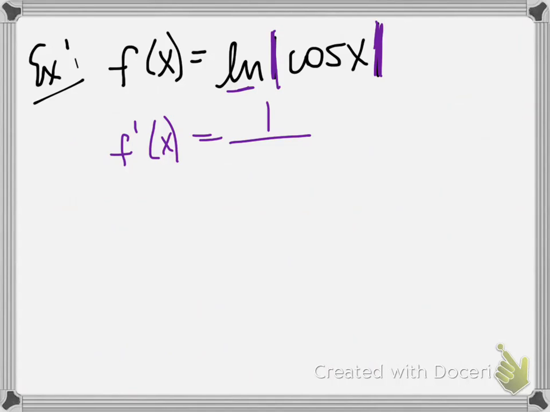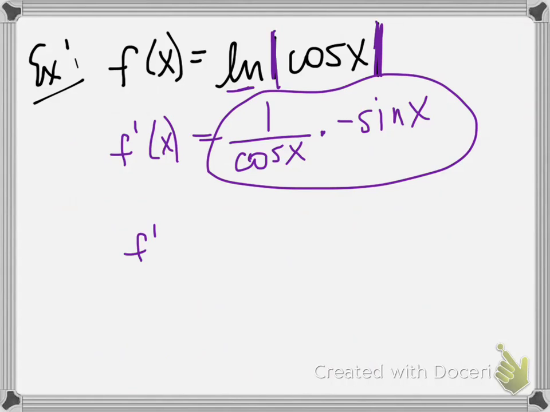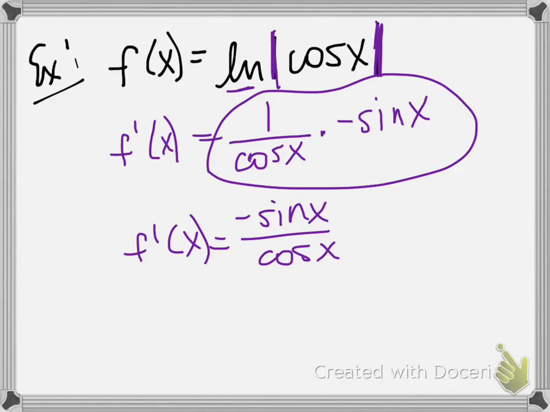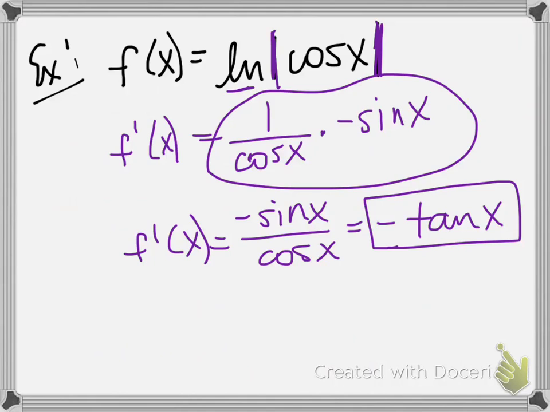It's still going to be 1 divided by cosine x for the derivative times the derivative of cosine, which is negative sine x. So look what happens if I put this all together. That's going to be negative sine x over cosine x, which simplifies to become negative tangent x. So the derivative of natural log of absolute value cosine x happens to be negative tan x.